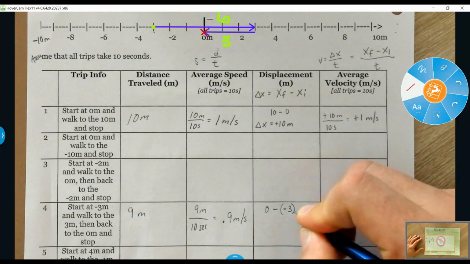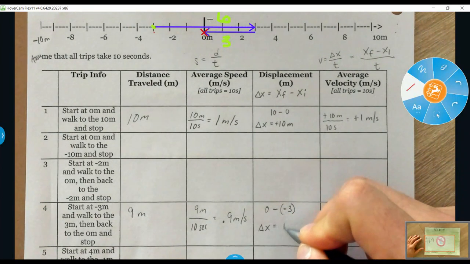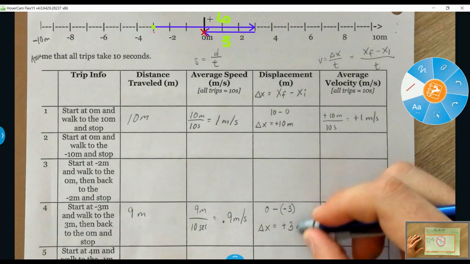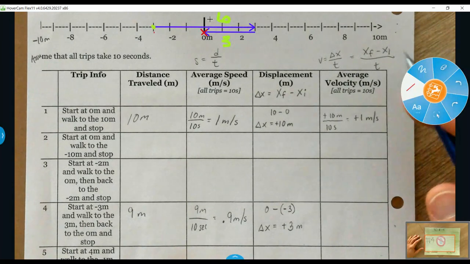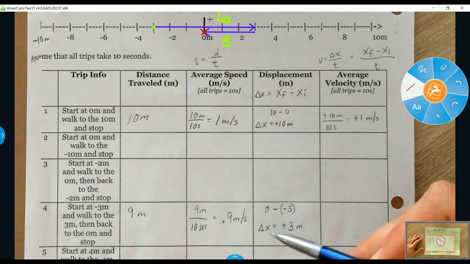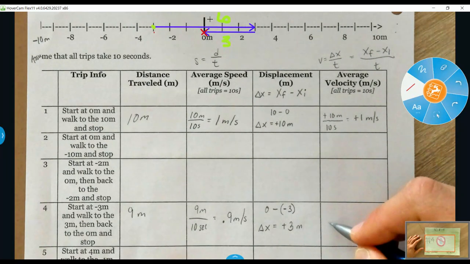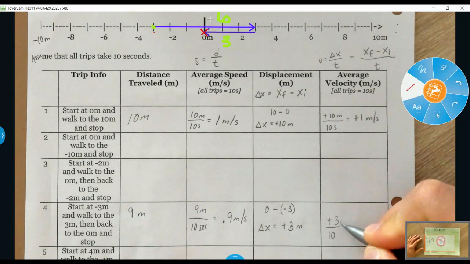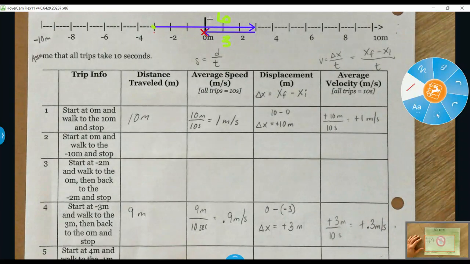And when you do 0 minus a -3, for delta x, that is equal to a positive 3 meters. And then average velocity is your delta x, which you got in this column here, divided by the time. So positive 3 meters over 10 seconds, so a positive 0.3 meters per second.